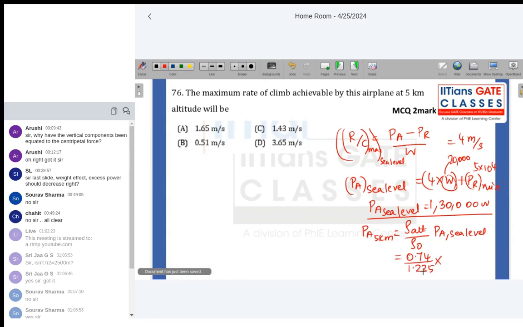Since they have given 1.225, we take that, into the 1,30,000 watts which we calculated just now. So power available at 5 kilometer altitude is equal to 78,530.612 watts.